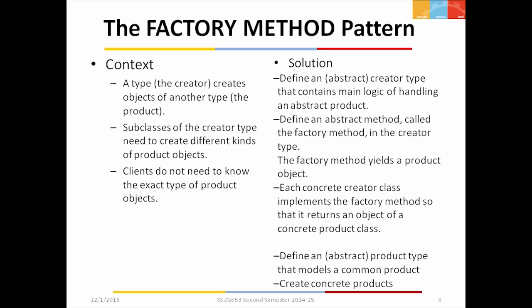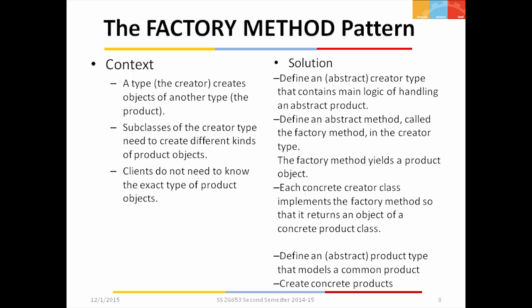Now each concrete creator class, remember creator is basically abstract, so therefore this abstract creator cannot be really used in any meaningful way. If you have to create an object of this creator, you need to have a concrete class. So this concrete class is basically a subclass of this abstract creator class that is going to implement the factory method. Remember, in the creator type, this factory method is an abstract method, meaning it has no implementation.